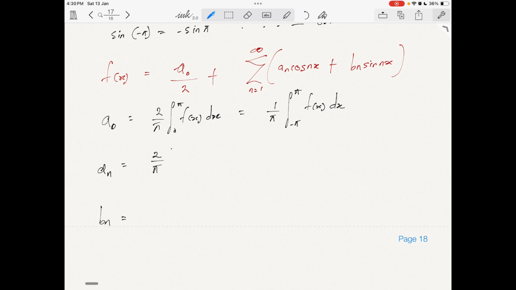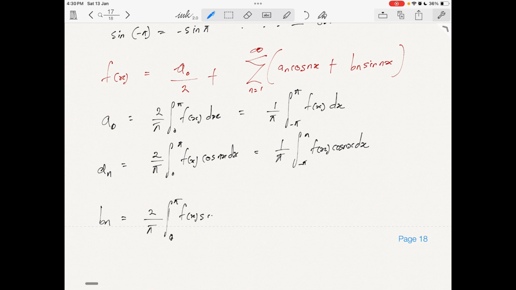And an is 2 over pi integral of 0 to pi f of x cos nx dx, which is also equal to 1 over pi integral of minus pi to pi f of x cos nx dx, and bn is 2 over pi integral of 0 to pi of f of x sine nx dx, which is also equal to 1 over pi integral of minus pi to pi f of x sine nx dx.